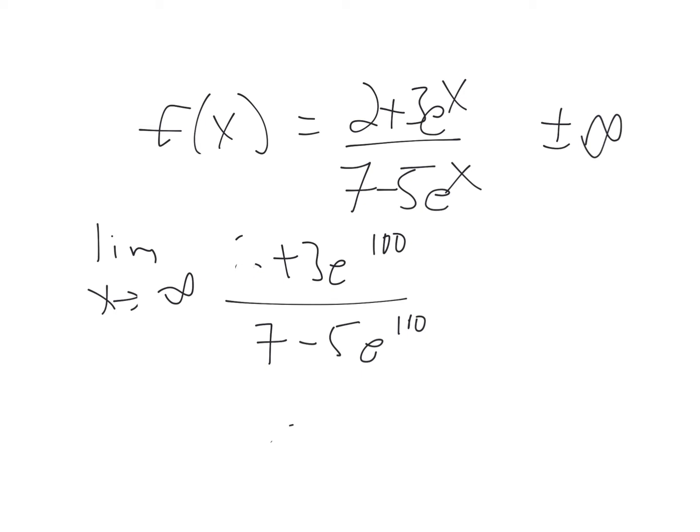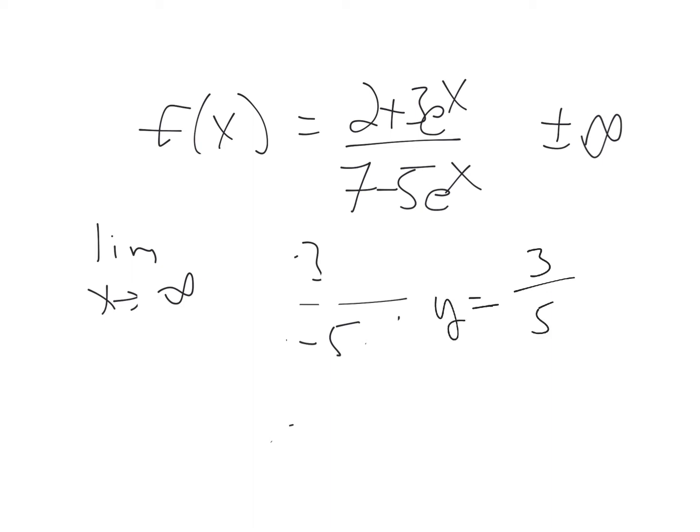So in this case, the 2 and the 7 don't matter. And then I've got 3e to the 100 over negative 5e to the 100. Those can cancel out because they're the same. So in this case, it's the other piece that rules. So here y equals negative 3/5 would be the horizontal asymptote. So depending on whether you go to positive 100 or negative 100 would be the difference.